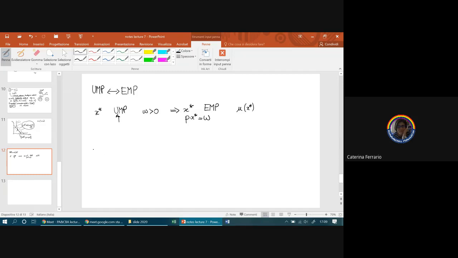Conversely, we can say that if X star is optimal in the expenditure minimization problem when the required utility level is a given U, which we want greater than U zero, then this X star is also optimum under the utility maximization problem when wealth level is P times X star.